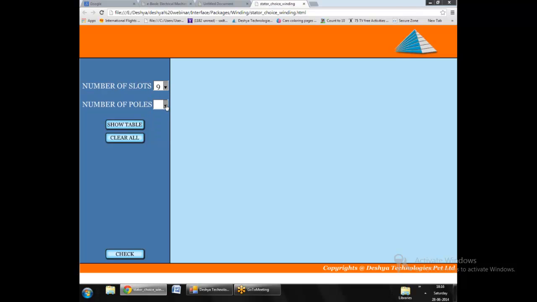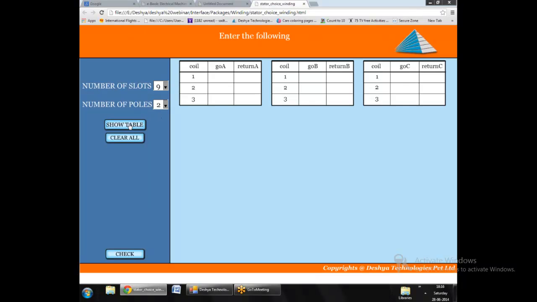So we choose 9 slots on the stator, and we want to design a winding for a 2-pole machine, and the winding which is valid for a 9-slot machine and is able to produce 2 poles is this, and we will have to just fill up the table completely, and after filling up the table we will see how the magnetic field actually looks like due to this winding.